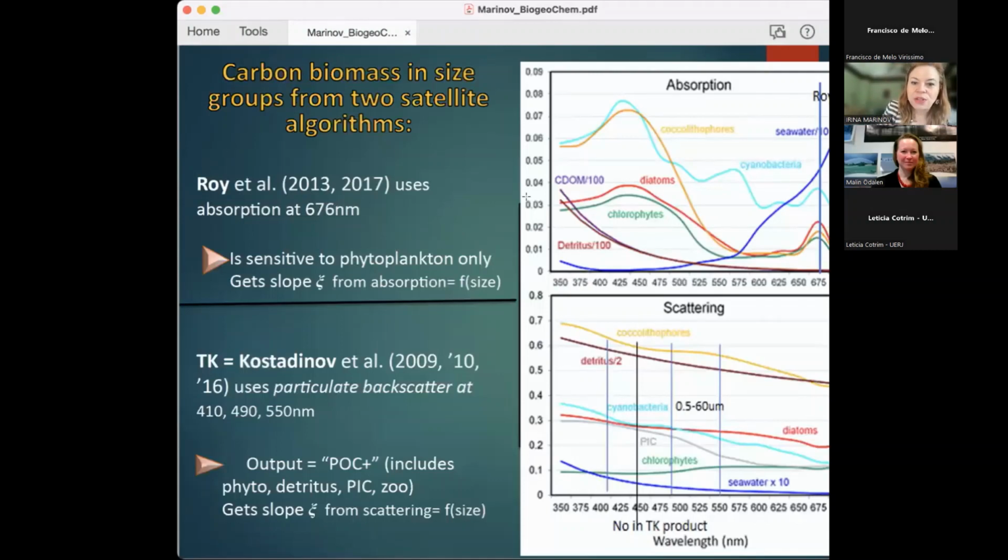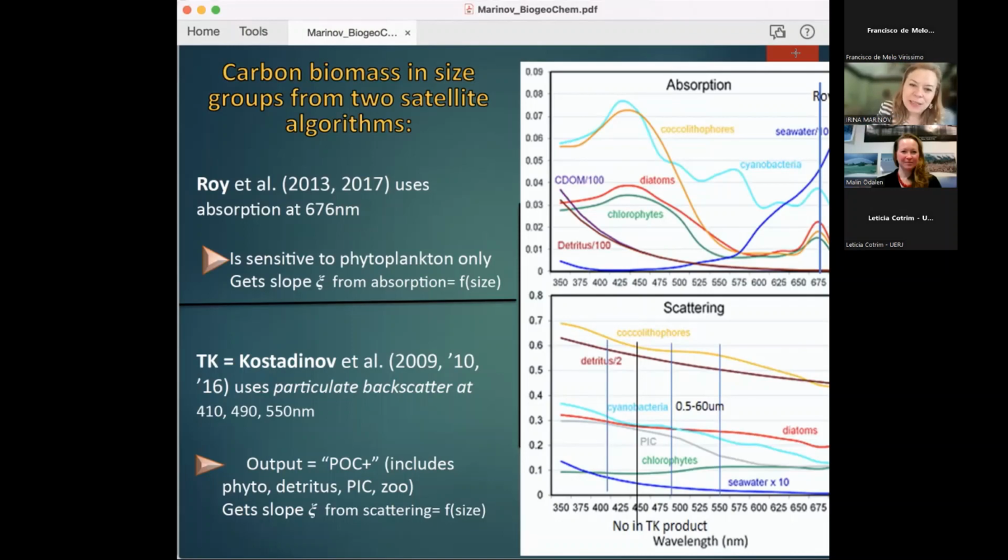The first product, which is the Roy product, is an absorption-based product. On the left-hand side, you can see absorption as a function of wavelength. Roy uses absorption at 676 nanometers, which is the peak of the absorption for phytoplankton.